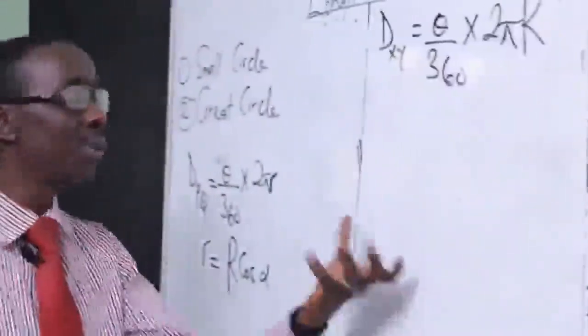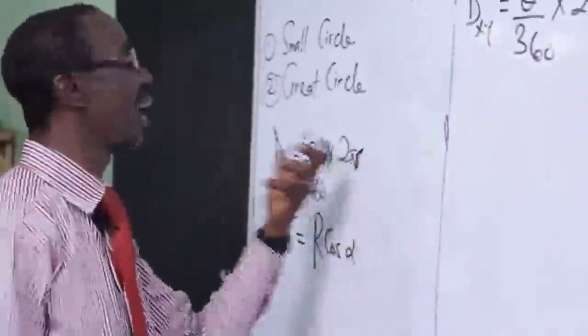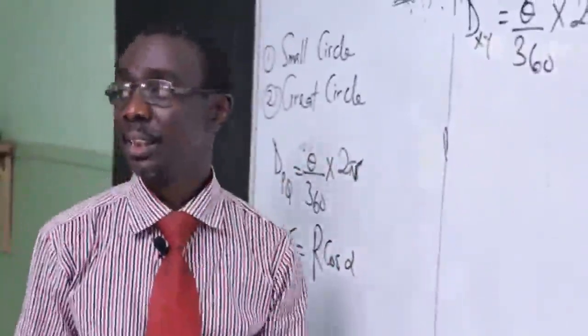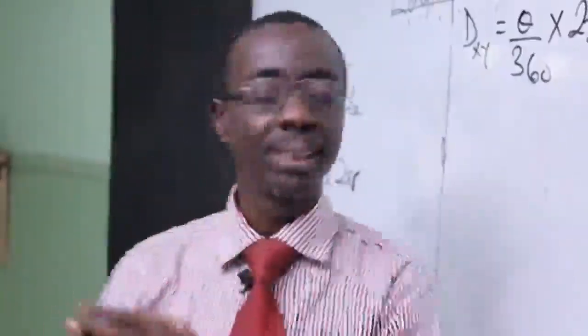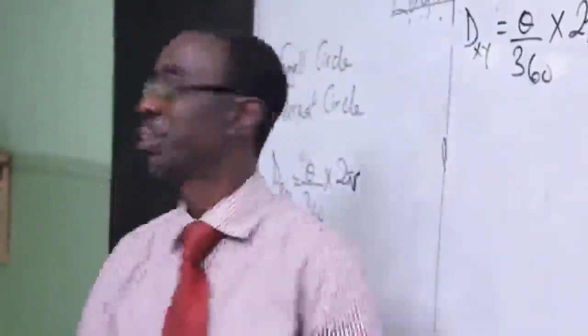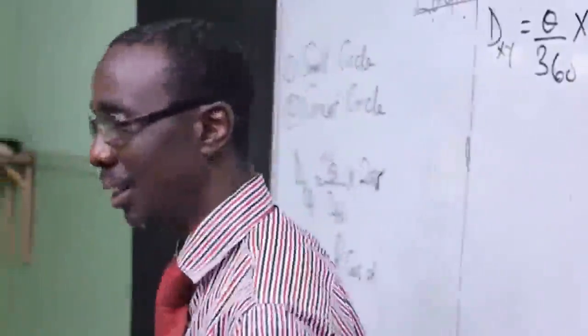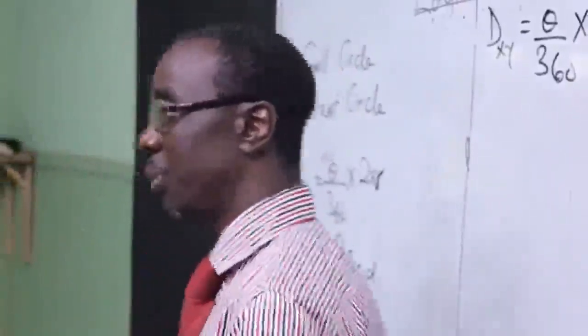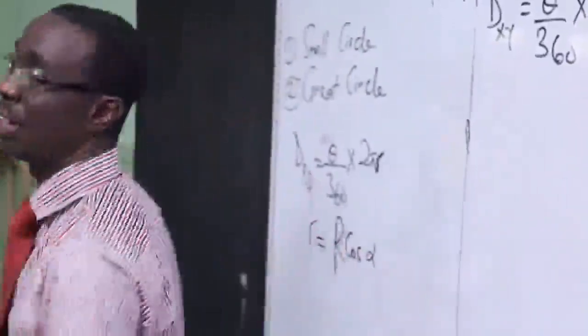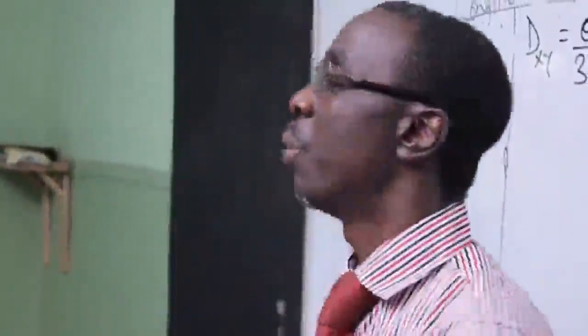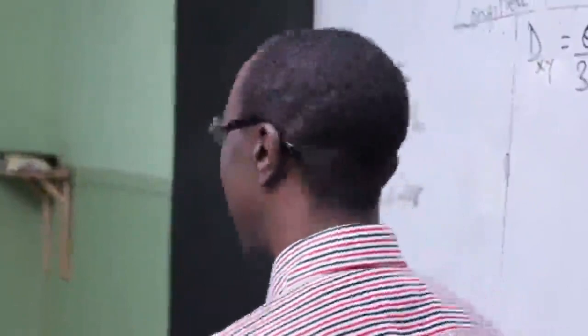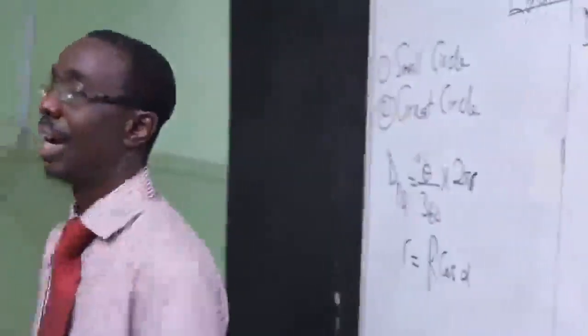So we must know how to get our angular difference in either longitude or latitude. When we say difference, it does not mean you have to subtract, basically. Some students will think, since you said it's angular difference, that means we are subtracting. There are conditions that will bring about subtraction, and there are conditions that will bring about addition.